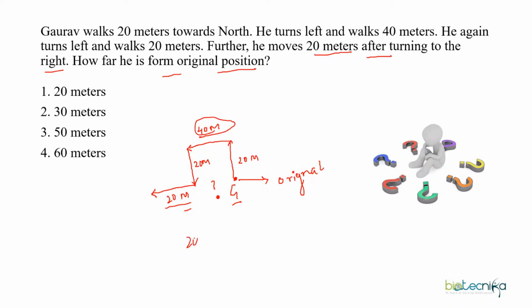So 20 plus 40 will give me 60 meters. This is the distance Gaurav traveled from his original position. So my correct answer is option number 4, that is 60 meters. Okay. Easy.